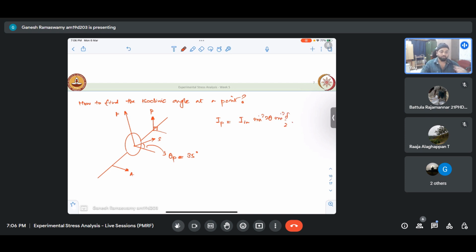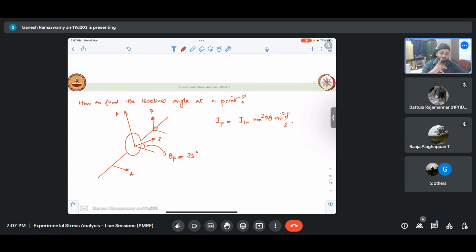If I just ignore the isochromatic fringes for the time being and focus on the isoclinic fringes, then what I'll see is that wherever theta is 0, all those points will appear black because sine square 2 theta goes to 0. What this essentially means is, howsoever I have oriented my crossed analyzer and polarizer combination, that gives me that particular isoclinic angle.